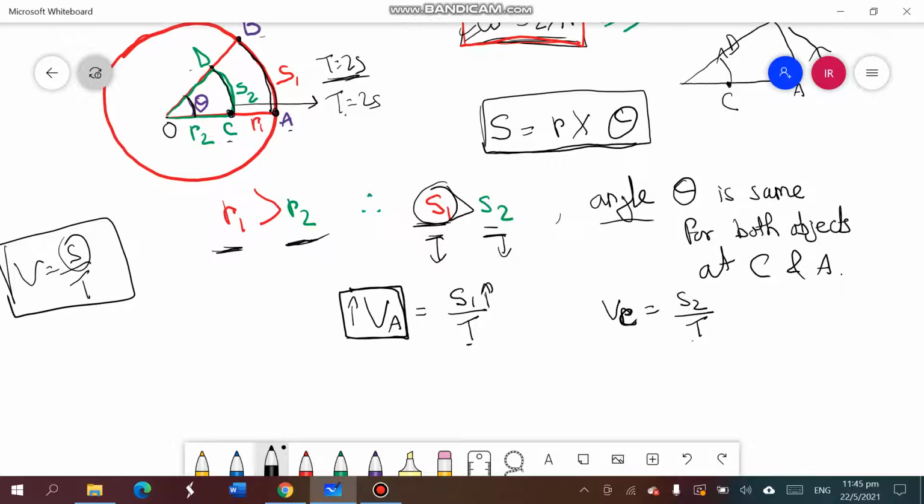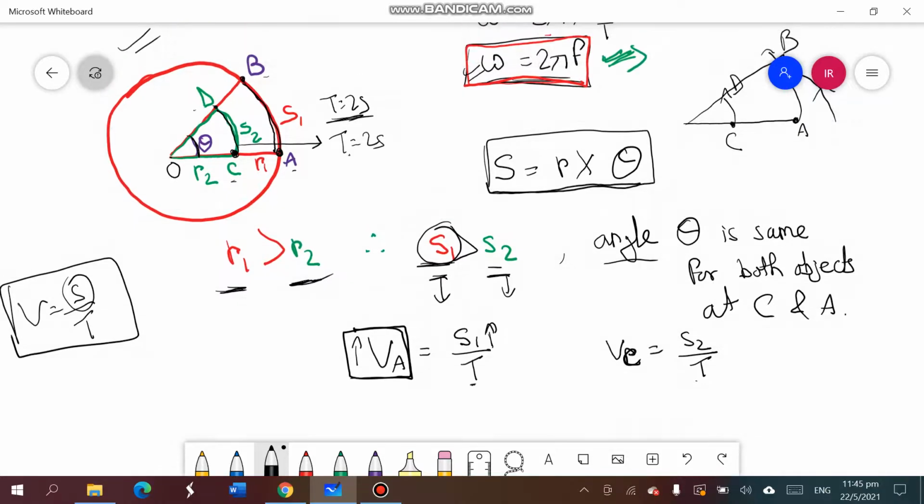It has to, so that it can cover a larger distance in the same time period, or else it's not possible for an object to cover a larger distance in the same time as an object covering a smaller distance, right? Only if this object is moving faster, and from our equation we can see that the object is actually moving faster since S1 is larger than S2.